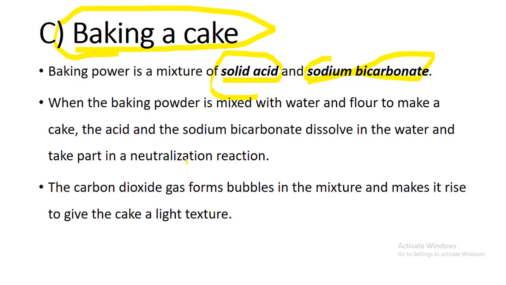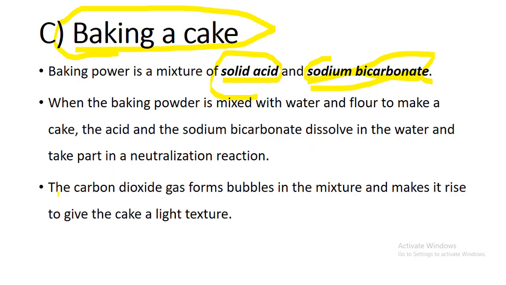And when this alkaline solution and acidic solution react, they form salt and water, and that process is a neutralization reaction. So when sodium bicarbonate takes part in a neutralization process, you have three products: salt, carbon dioxide, and water.